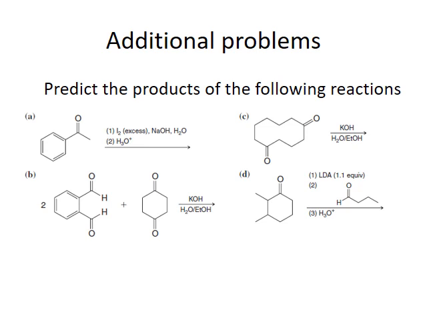The first step is substitution of the hydrogens in the methyl group to form the triiodo derivative.